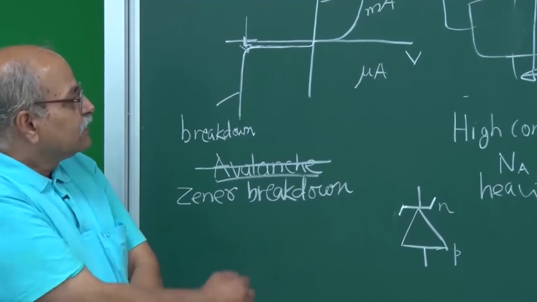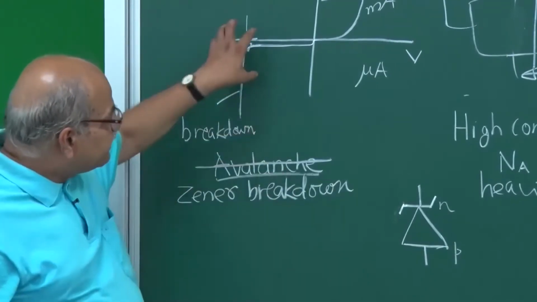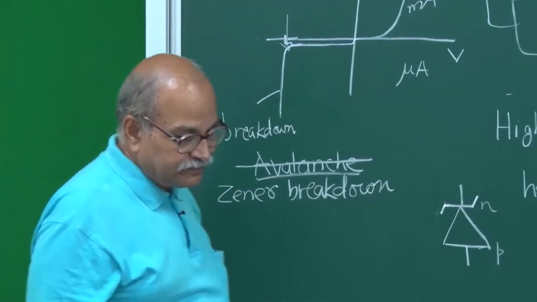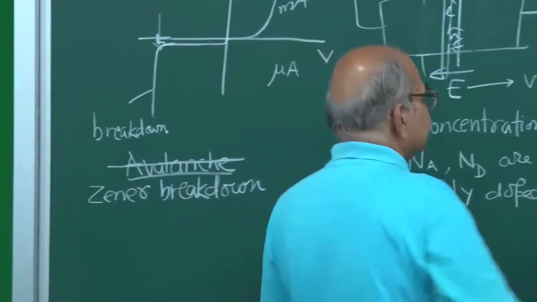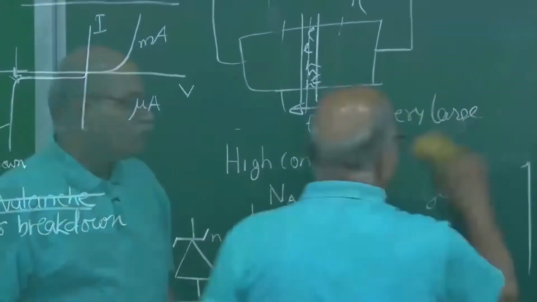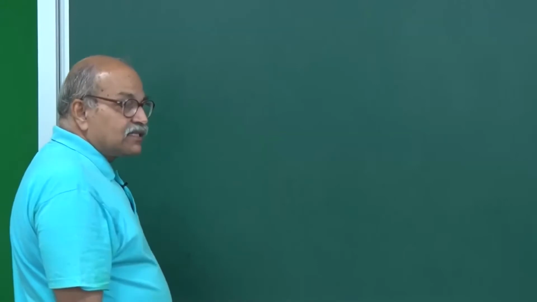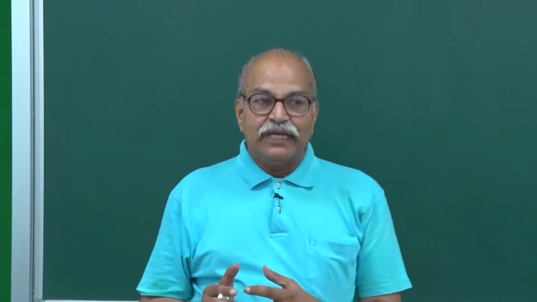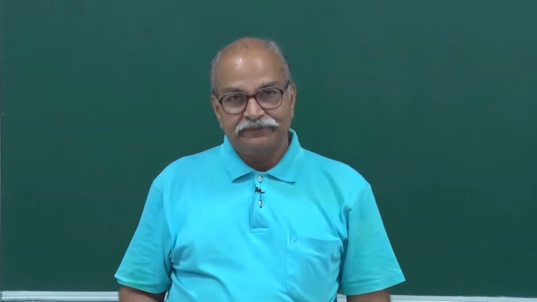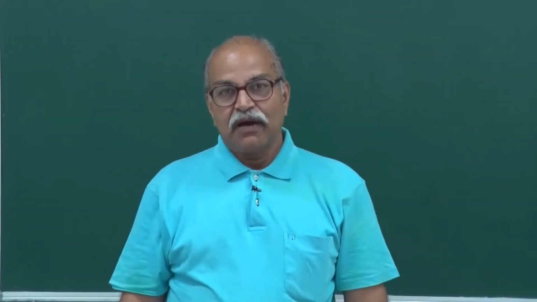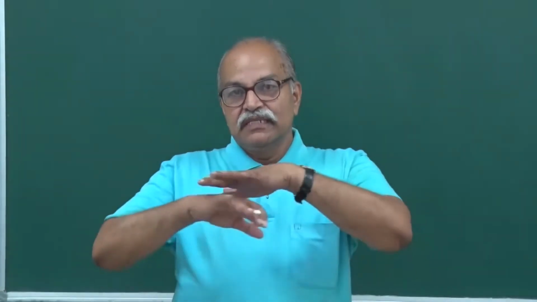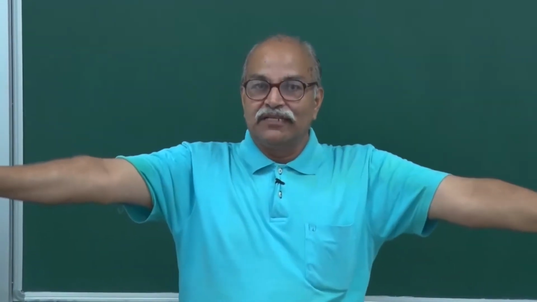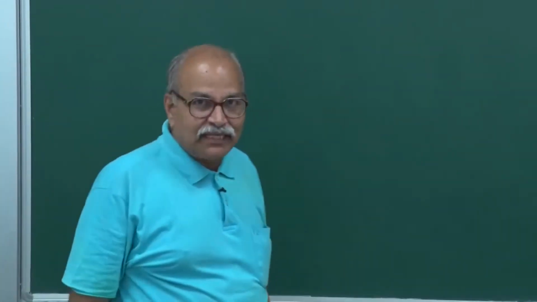So now let us see how this feature can be utilized for some useful purpose. Let us make a voltage regulator. When we use a power supply to get some DC voltage, the power supply is supposed to give me the DC voltage at one particular fixed voltage as a function of time. So that's good DC. But normally it doesn't happen like that.